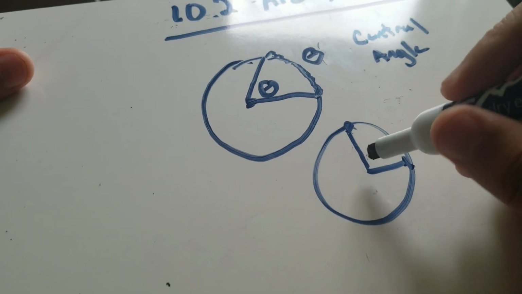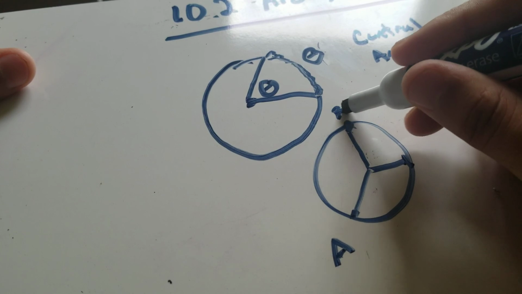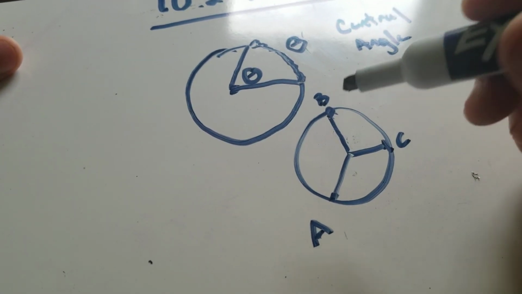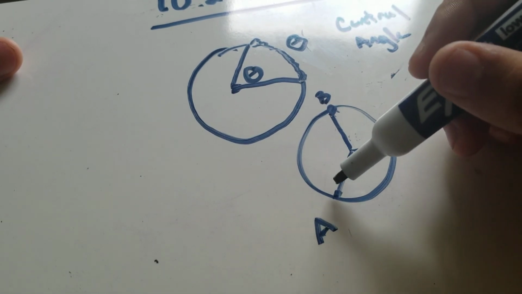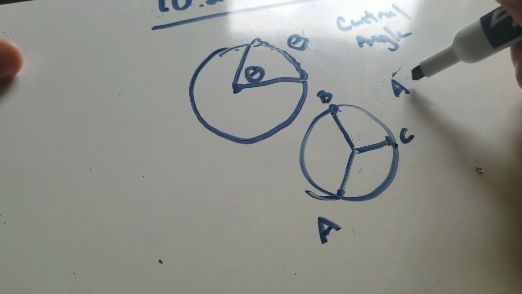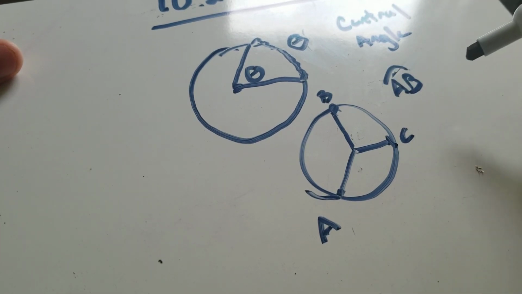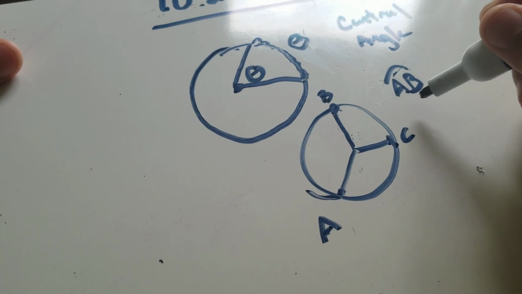And there are two types of arcs. Let's call this A, B, C. There are minor arcs. Minor arcs are just arcs that are less than 180 degrees. So like arc AB would be less than 180 degrees. But major arcs are greater than 180 degrees.